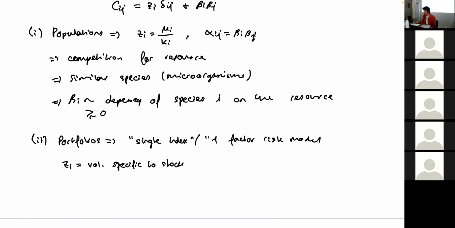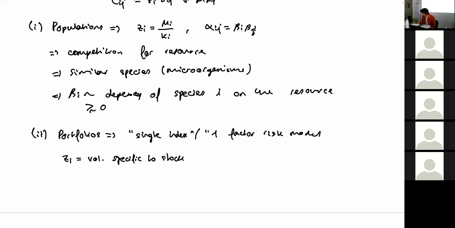So for example, from exogenous causes, so things outside of the market. And then you've got beta i, which is called the market exposure. And so what you're saying in this model is that most of the fluctuations come from basically amplifying or dampening the fluctuations of the market as a whole. So the market as in the average of all the products.